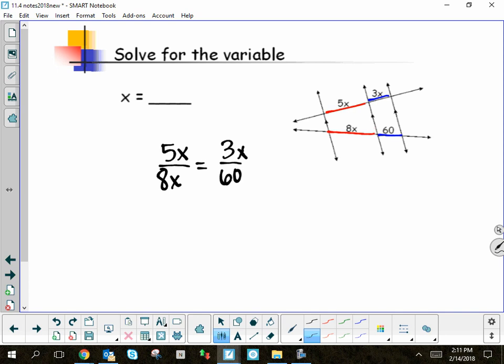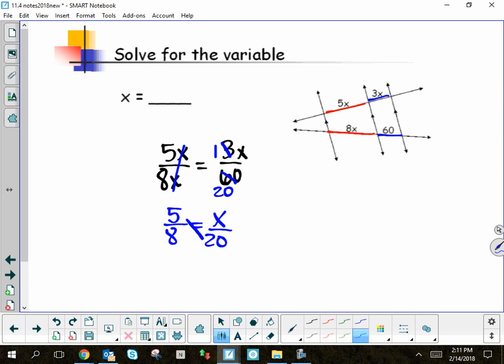All right, one thing that I would like for you to do is notice if there's an x on top and an x on bottom, they can simplify. Same thing over here. If there's a 3 and a 60 on top, those two can simplify. That simplifies to a 1 and that simplifies to a 20 because 3 goes into those. So now you're looking at a simpler ratio to work with. 5 is to 8 as x is to 20.